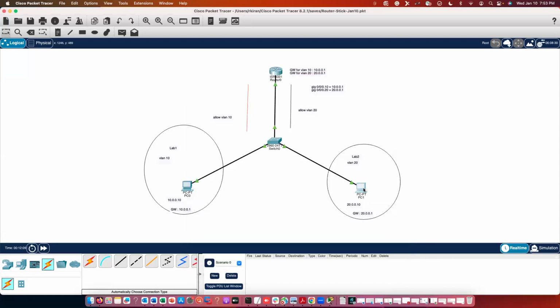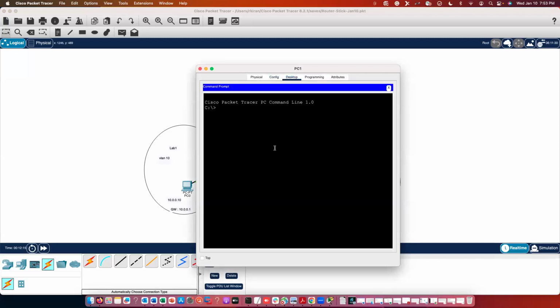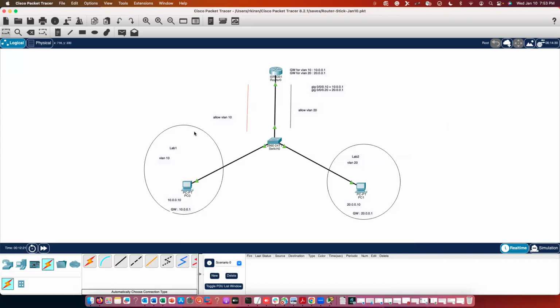Now let's go here, then ping my gateway, which is the 20 network gateway, on PC1. Ping 20.0.0.1. Able to ping it. So this PC is able to ping its gateway. This PC is able to ping its gateway.